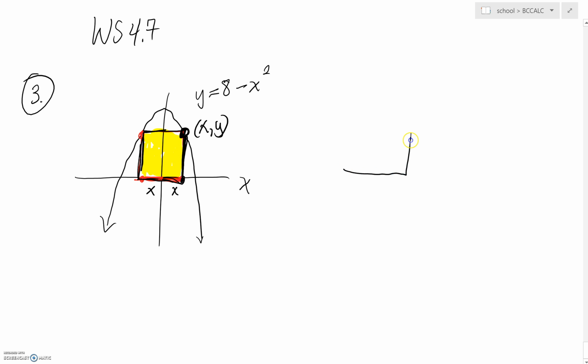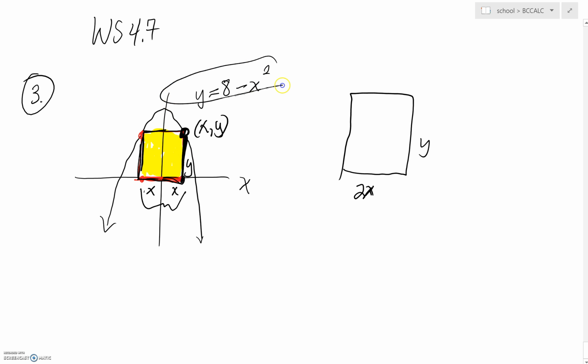So when we investigate this rectangle, really this base is going to be 2x. And the height here is y. But what you need to understand is that because we're on this parabola, y equals 8 minus x squared, and by the way, if you had y equals x squared, just to help you out, you'd have a parabola opening up.